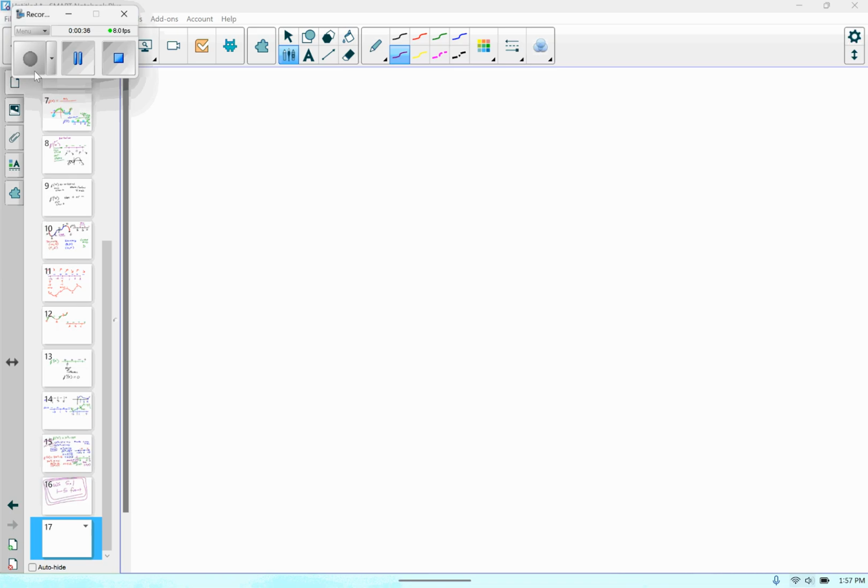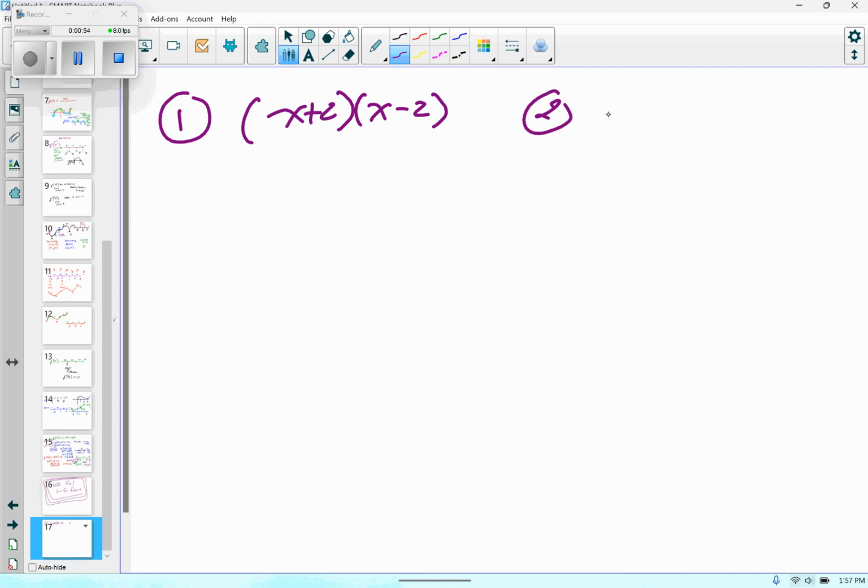So we have this worksheet 7.8, yes? All right, so let's take a quick look at number 1. We have x plus 2, x minus 2. And then number 2, same idea. We have x plus 4, x minus 4.